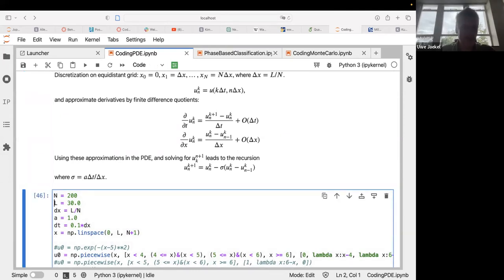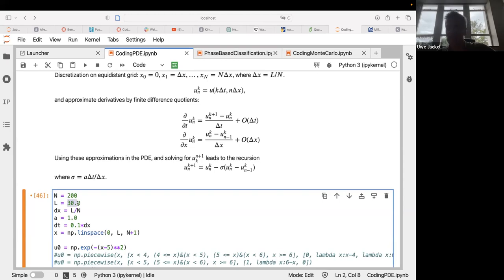And let's do it now. So what do we do? I have introduced some values. I've introduced a grid with grid size 200, so the solution at time t will be a vector of length 200. The length, I said it's an arbitrary value, I just said it's 30.